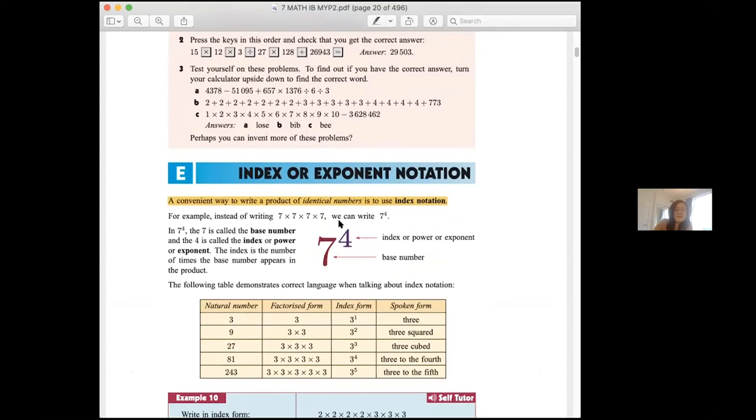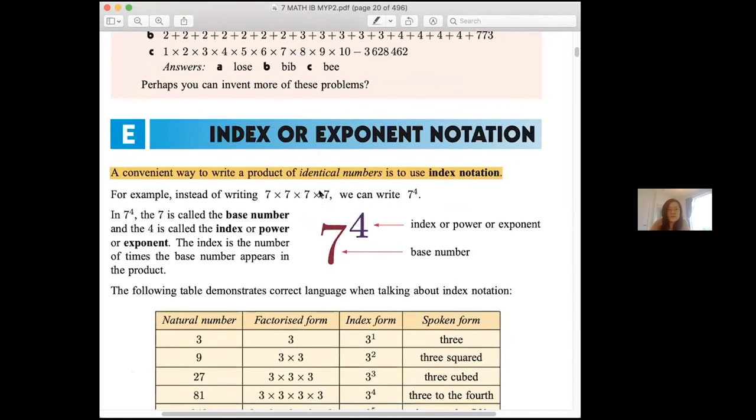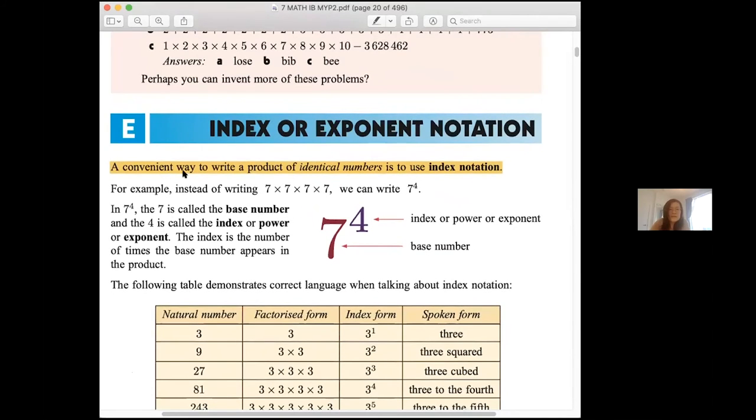Okay, so then we're going to talk about the index, or we call it exponent notation. When we write a product of identical numbers, identical means the same, we can use index notation. So let's say you can write 7 times 7 times 7 times 7. The 7 is the identical number.